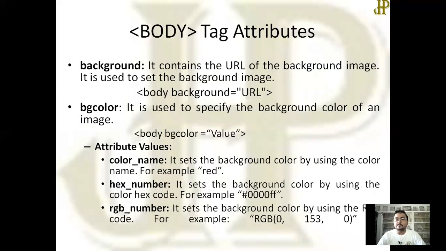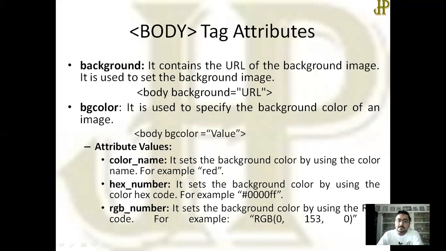Next one is body attributes. First one is background. If you want to change the background image of the web page, then you have to include a property known as background. And then you have to pass on the source of the image.